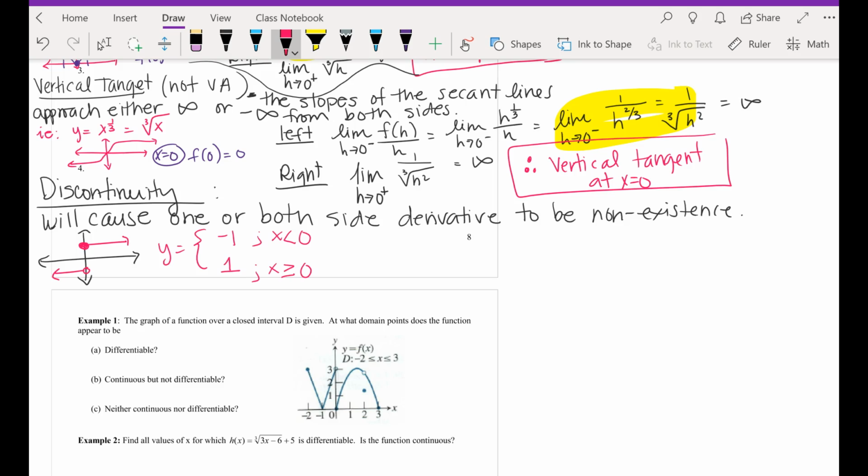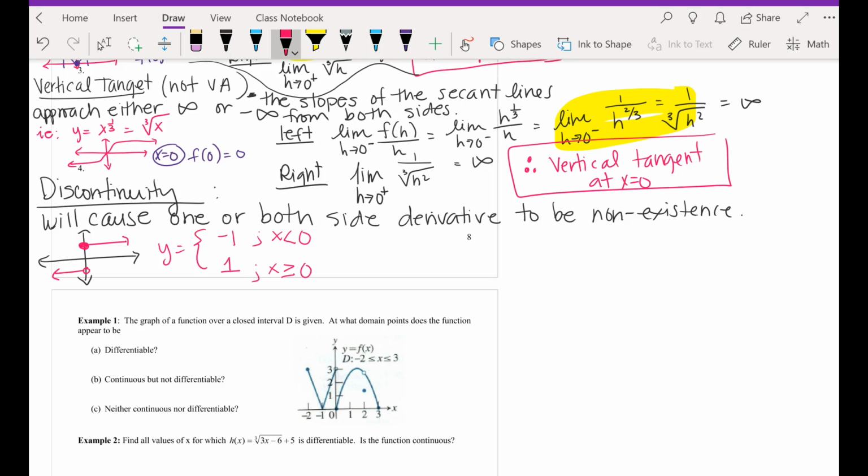The y value on the right is always 1, but the slope coming towards the center is 0 for both, except at 0.